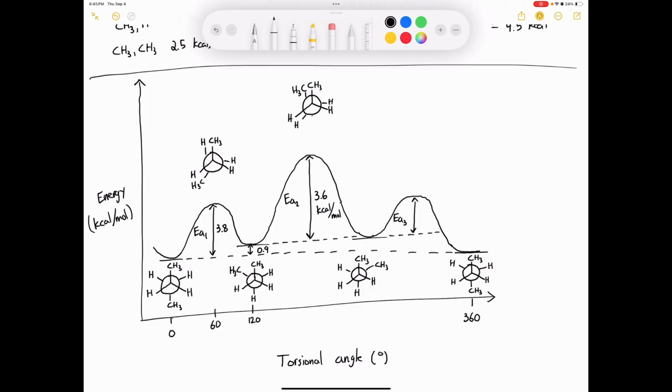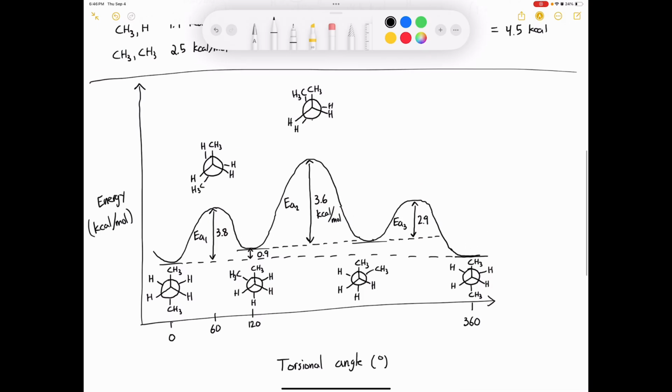And since the starting point is not the same as the first activation energy, this energy will also be slightly different, 2.9. Okay, and then we will start here, and we'll start to draw these eclipsing conformations, and then we'll continue on in another video where we'll continue with the rest of the lecture.